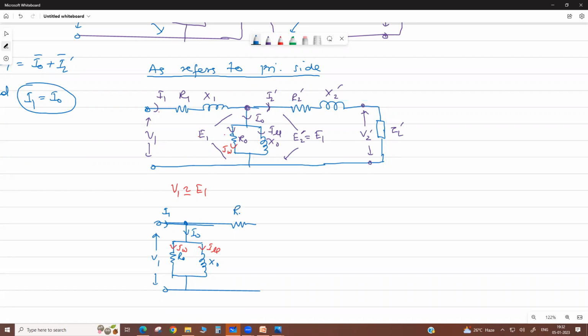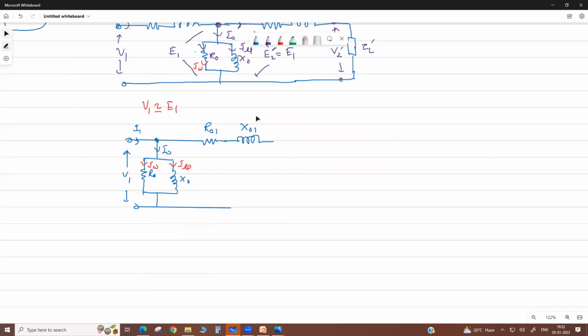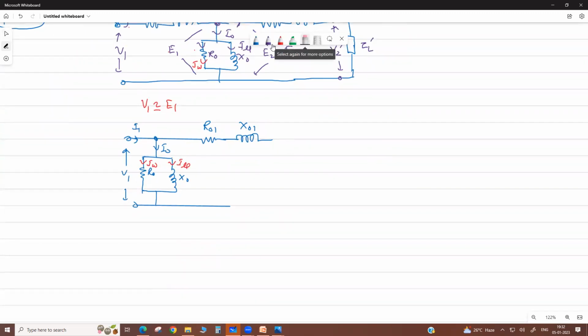They represent, as referred to the primary side, the total equivalent resistance and the total equivalent reactance. And this is your load.